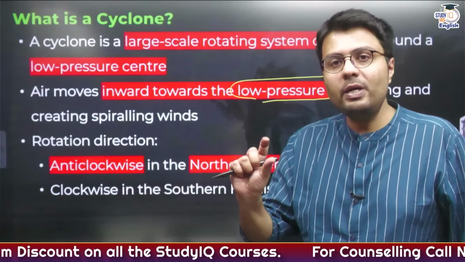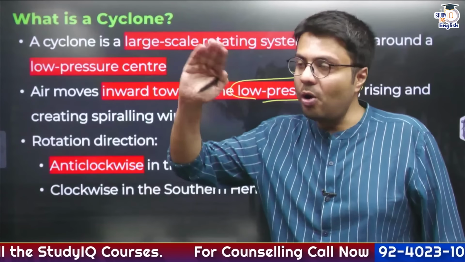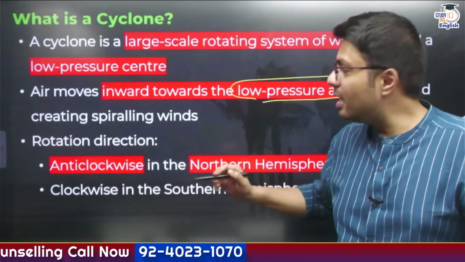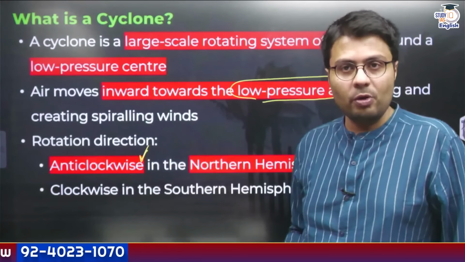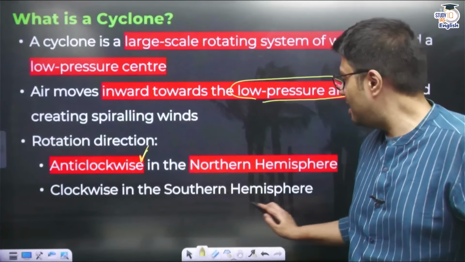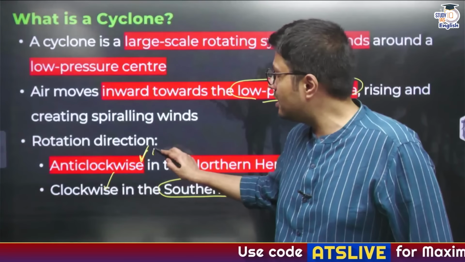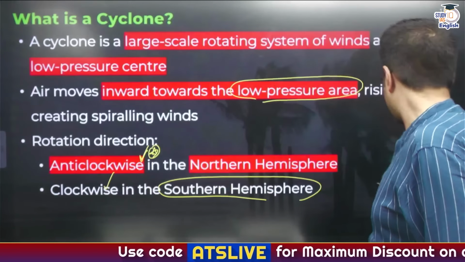Now, the cyclonic condition rotates differently in the northern as well as the southern hemisphere. In the northern hemisphere, the cyclonic conditions move in an anticlockwise direction, which is opposite in the case of the southern hemisphere, where it moves in a clockwise direction. So this is essential for your UPSC exam.